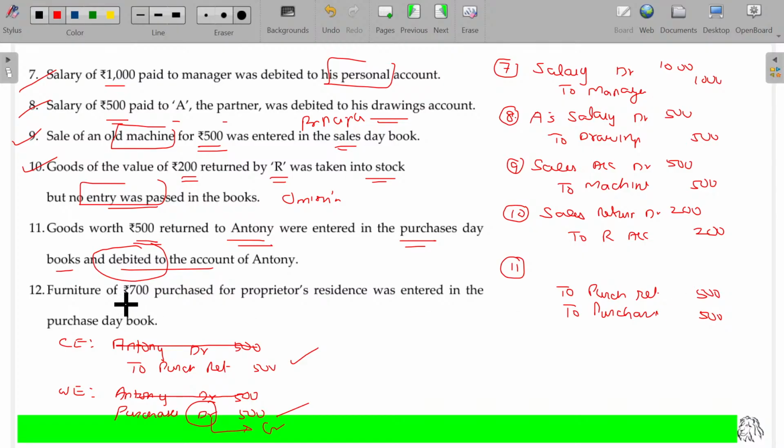12th one. Furniture of 700 purchased for proprietor's residence was entered in the purchases book. Come on, tell me, what's the correct entry? Furniture of 700 purchased for proprietor's residence. What is the correct entry?